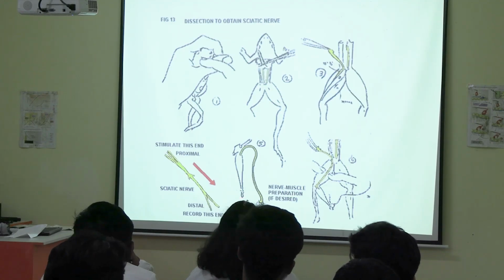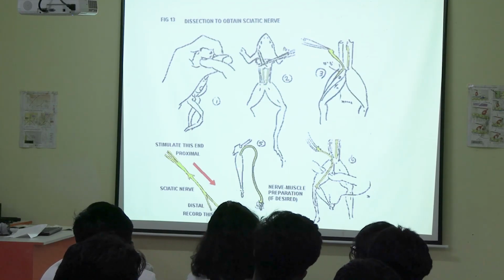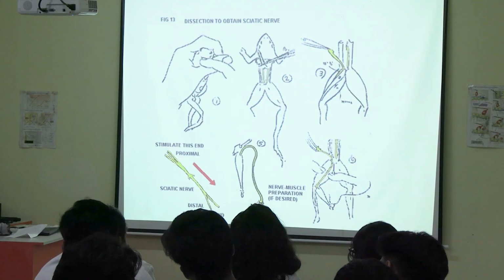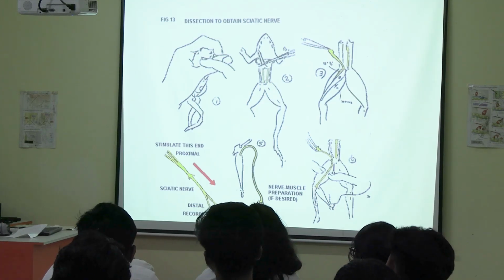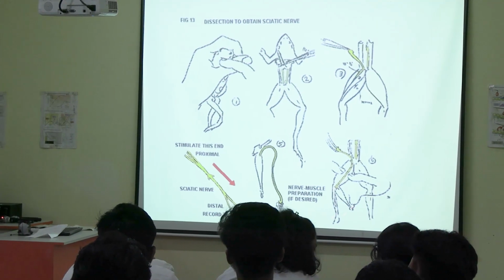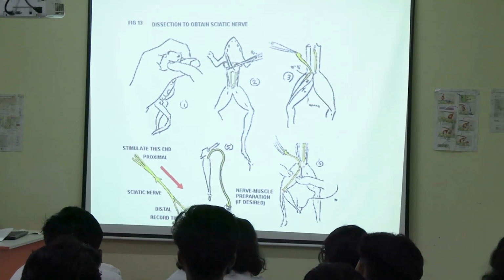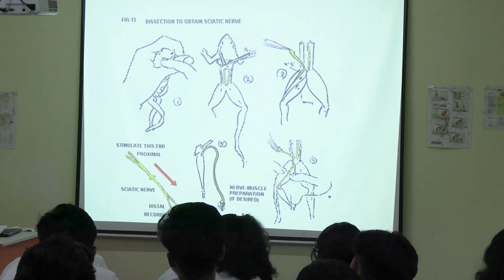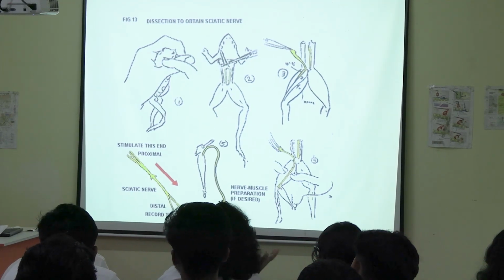So you have the tendon Achilles and gastrocnemius muscle, and this is the sciatic nerve, and this is the part of the vertebral column from which the nerve comes out. This we call the nerve muscle preparation, or gastrocnemius sciatic nerve preparation.